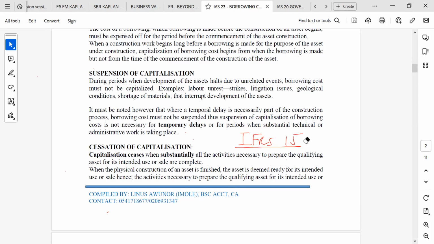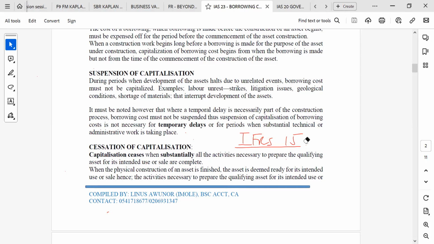The recognition of the revenue is in two folds. It can be a point in time or over time. A point in time means that when control has finally been passed on to the customer. So if the thing is going to take 2 years, you can only recognize revenue when you have finally transferred ownership, control to the third party.